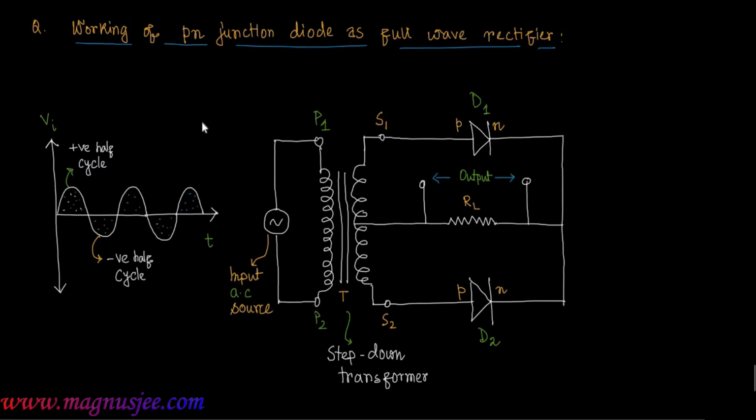So here at the output across the load resistance RL, we shall get this type of output voltage. Output voltage is denoted by VO, and time is plotted along x-axis.